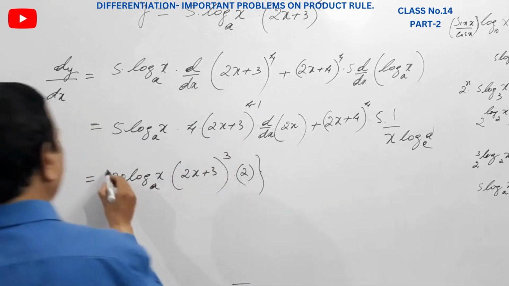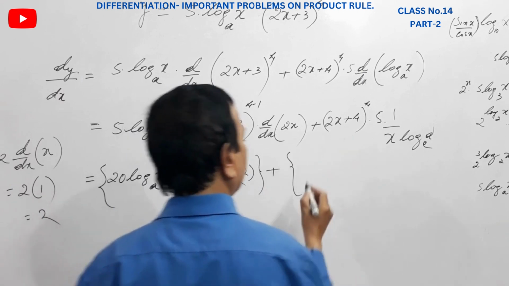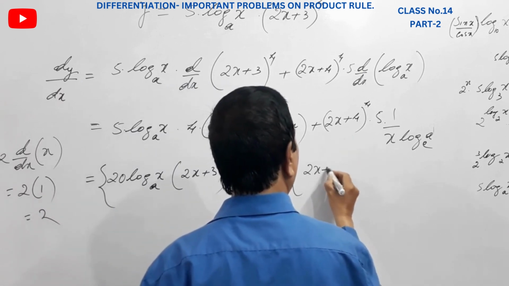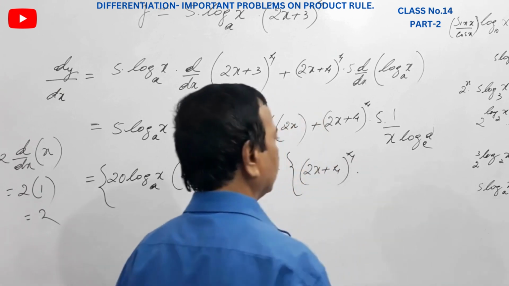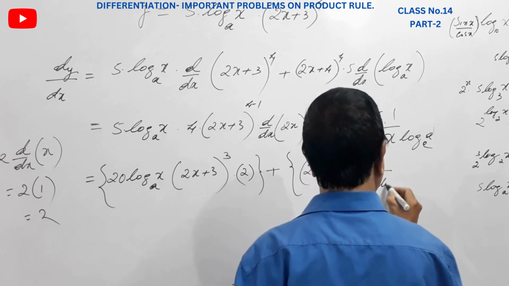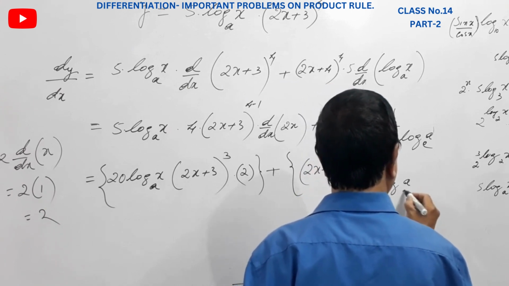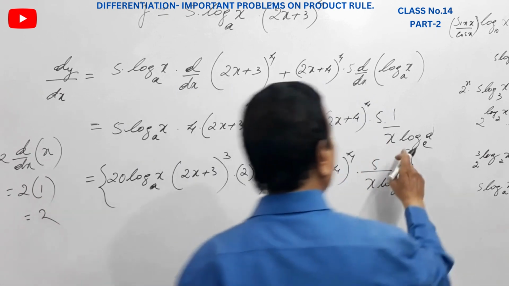So plus 2x plus 3 whole to the power of 4, this is 5 by x log a to base e. Close the answer bracket.